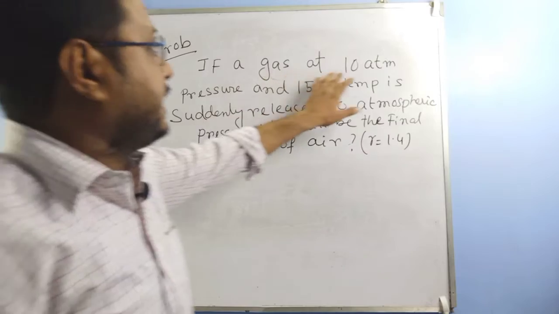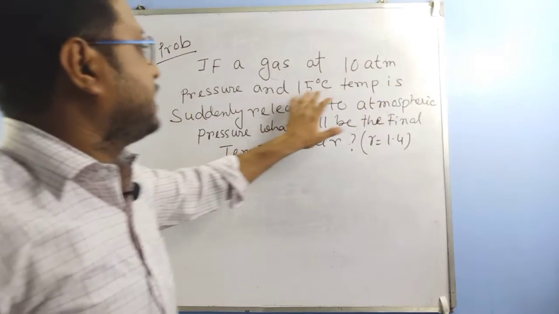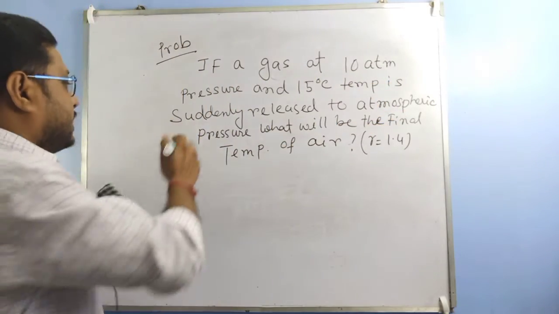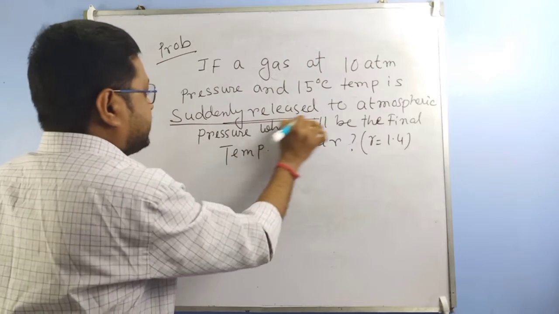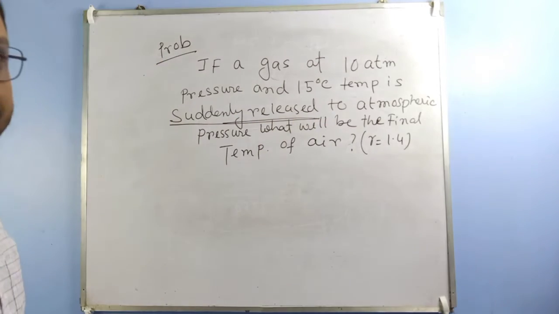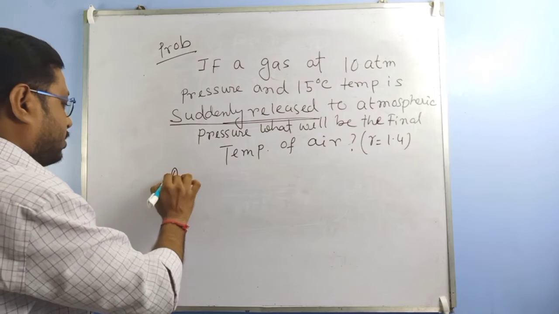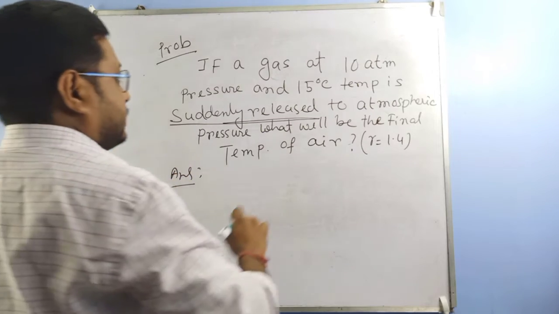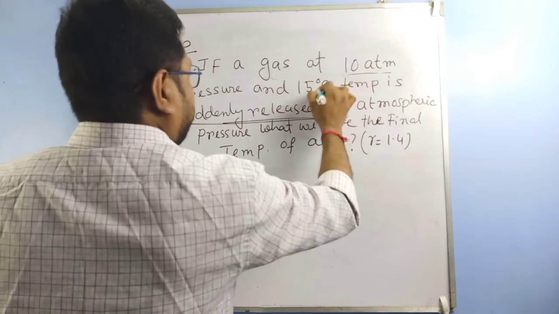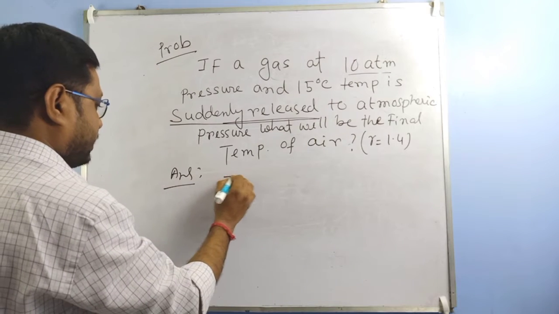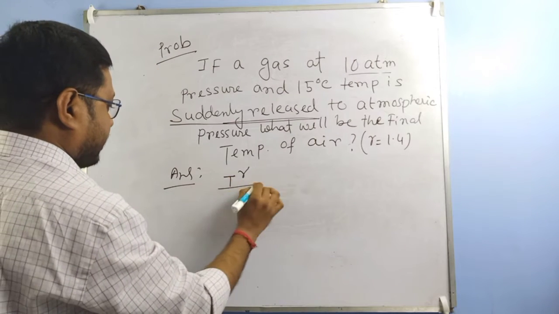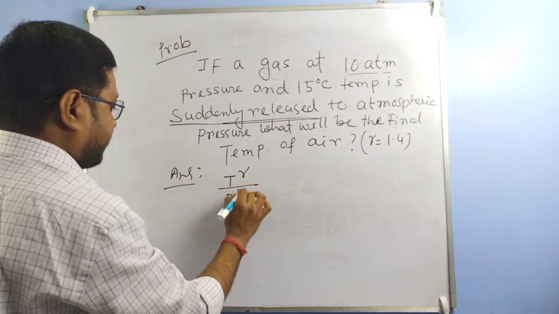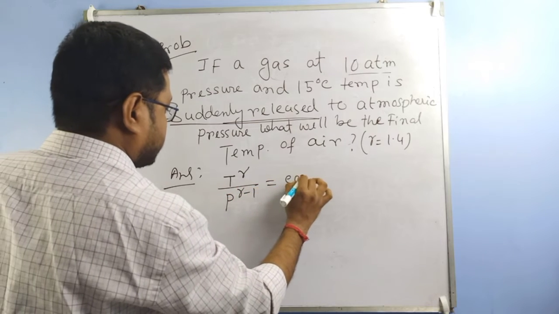If a gas at 10 atm pressure and 15 degree centigrade temperature is suddenly released, I know that sudden release means this is an adiabatic process. So here temperature and pressure are given, so we know that T to the power gamma by P to the power gamma minus 1 equal to constant.